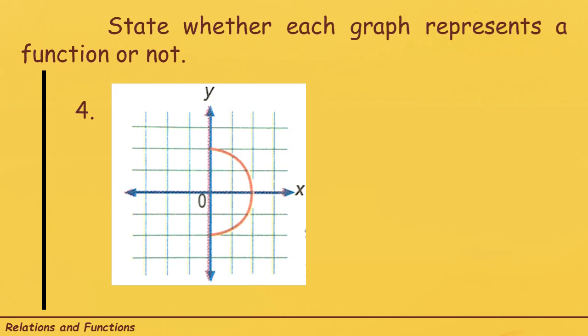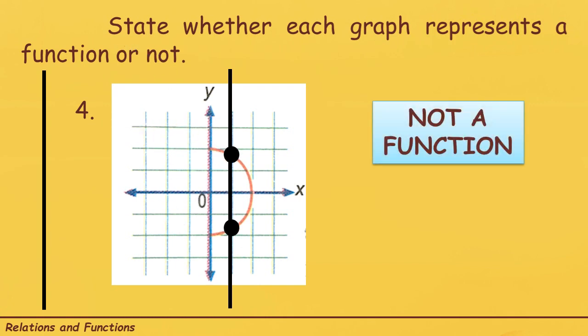Alright, so kahit hindi siya 30 seconds, we can easily identify if this graph is a function or not. So this is, lagyan natin ng vertical line dito. It has 2 points of intersection, not a function.